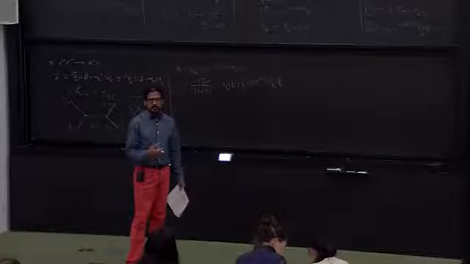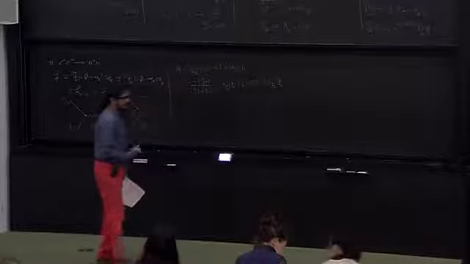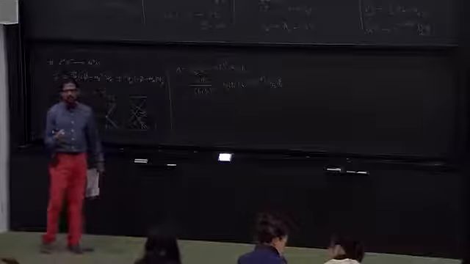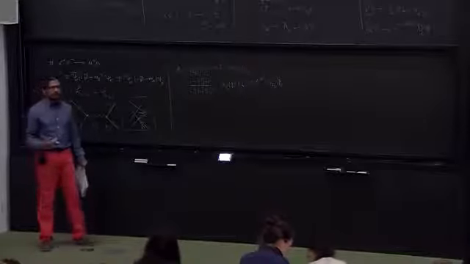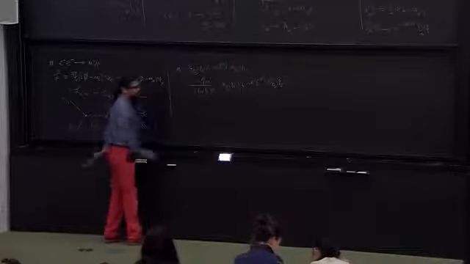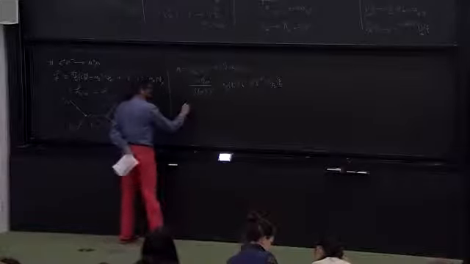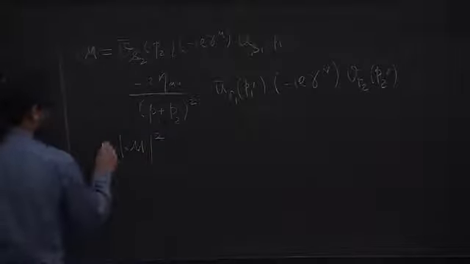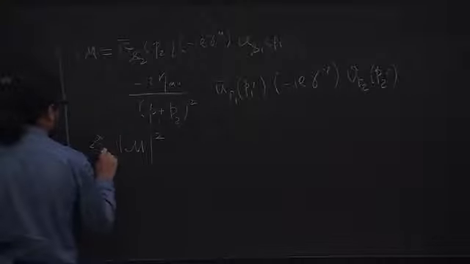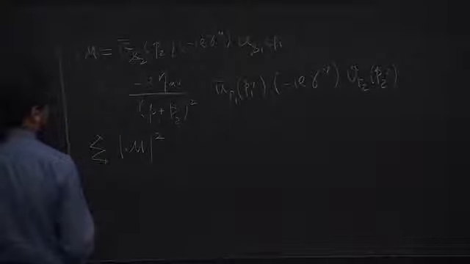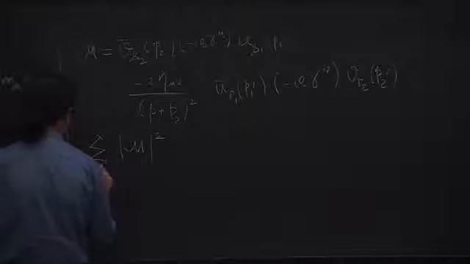That's why, to average and sum over the initial and final spins respectively, we first have to square this matrix element, and then sum and average over the spins.